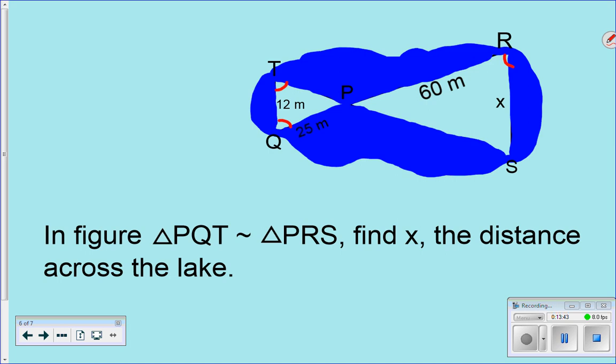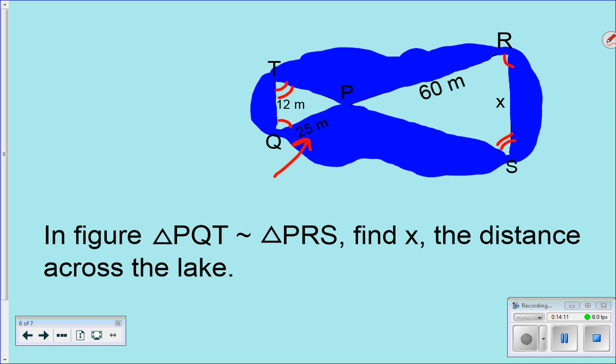T and S are also corresponding. If I take this and turn it, would it be the same way then? This right here says 25 meters. So turn it like this, and then you know what corresponds: 25 and the 60, and the x and the 12, right, very good.